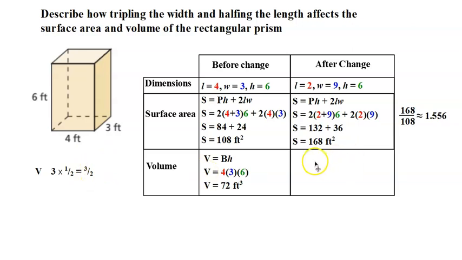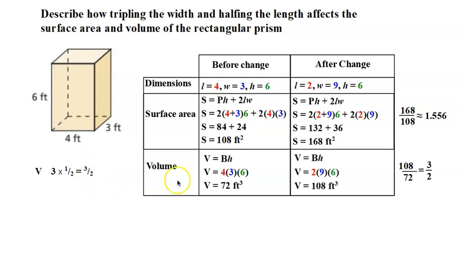Just so you can see it, I did work it out. Plug in my numbers, and I end up with 108 cubic feet, and 108 over 72, new over old, is 3/2. So I can do this for volume, but it's not necessary. All I have to do is say, that's times 3, that's times 1/2. 3 times 1/2 is 3/2.